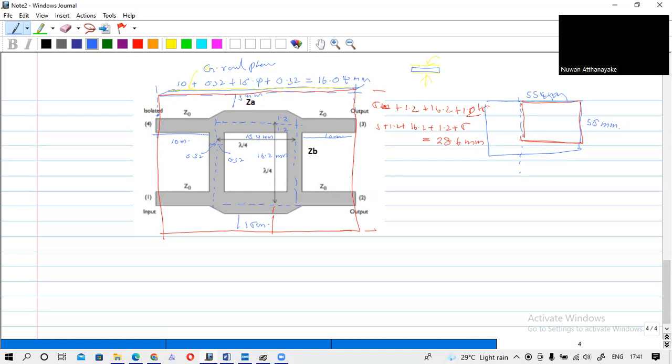So we can imagine the copper strip as only a two-dimensional rectangle shape.